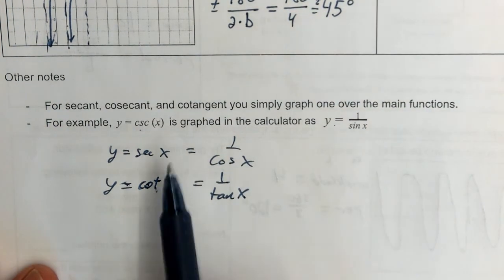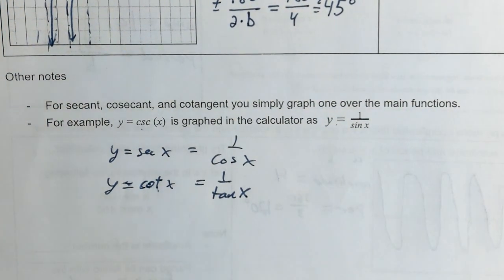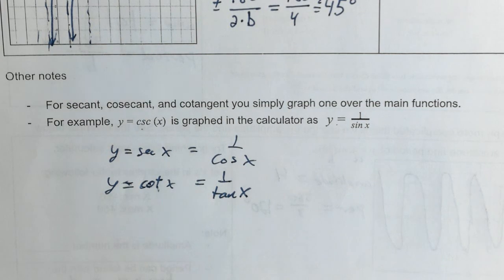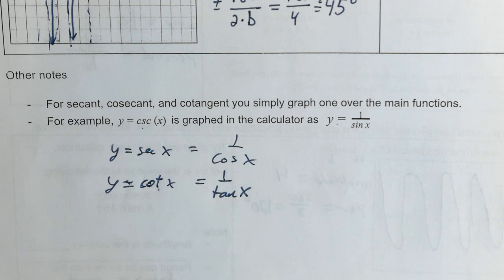So if you have to graph any of those, that's what you do. Those are sort of fun graphs because they look pretty different than just sine and cosine. But that pretty much wraps it up for section 5 here.